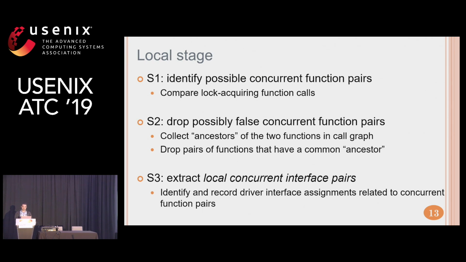For each pair, we collect the ancestors of the two functions in the call graph and drop this pair if they have a common ancestor. Thirdly, for each remaining pair, we identify the pairs of driver interfaces calling the functions and extract these pairs as local concurrent interface pairs for this driver.